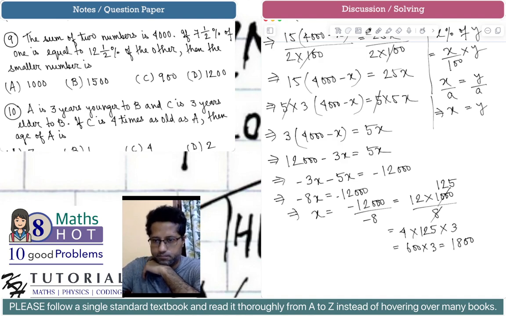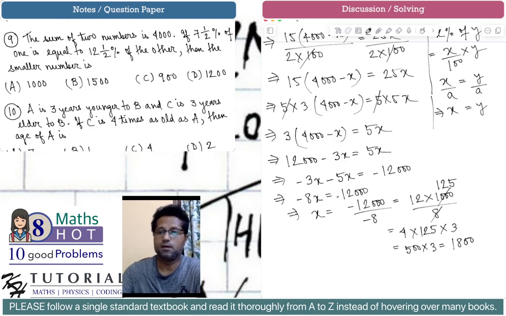And 8 divides 1000 with 125. So 12 into 125. 12 into 125 is 4 into 3 into 125, and 4 into 125 is not 600 but 500.